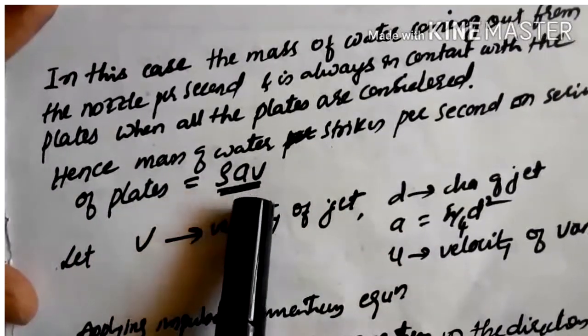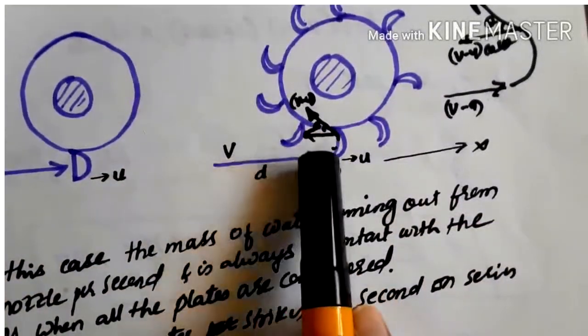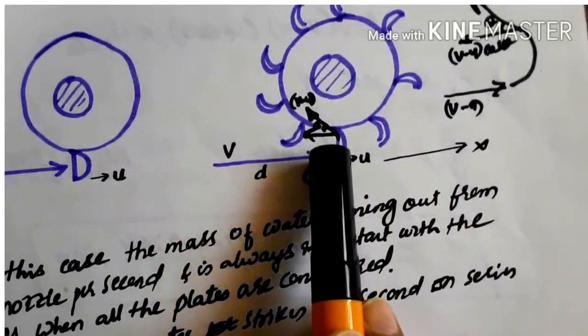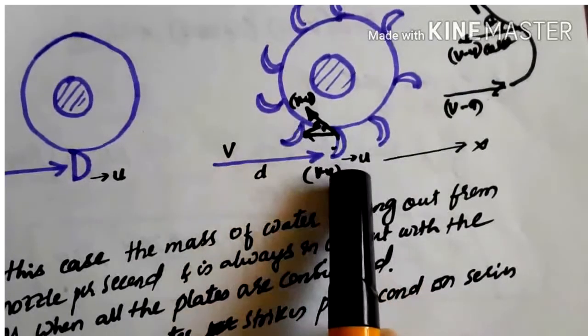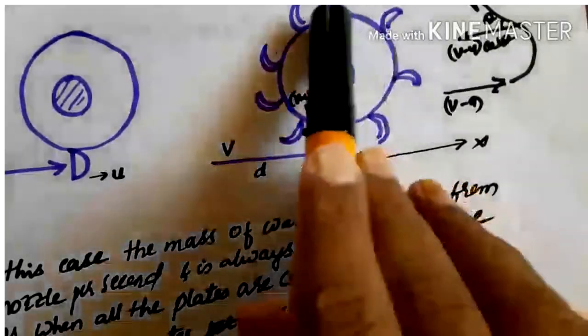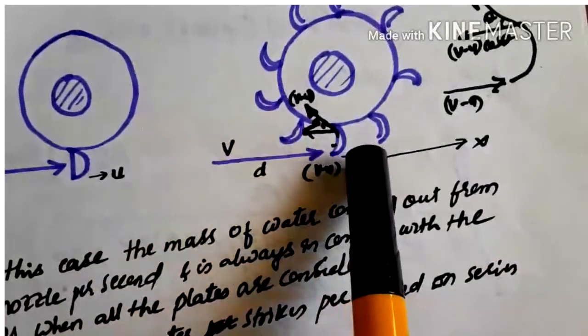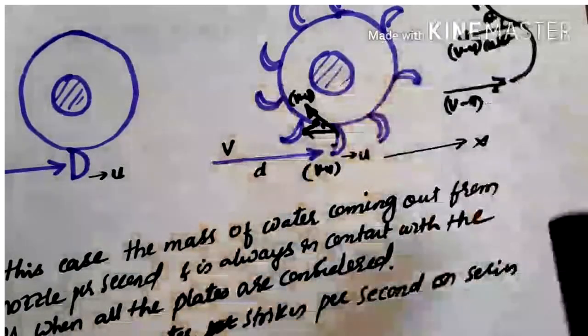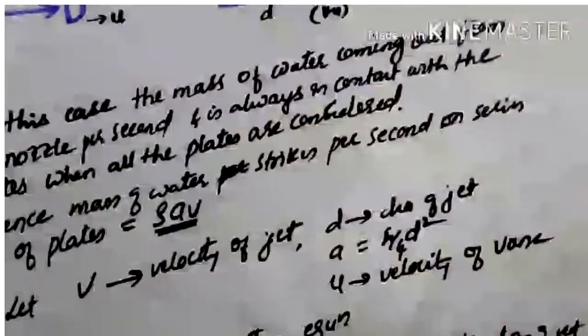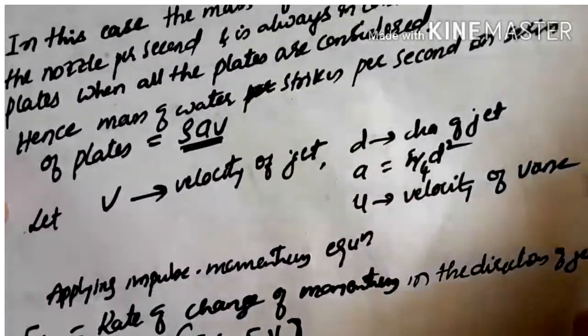Here the entire quantity of water is utilized, because when we consider all the vanes together, when the jet strikes, this vane moves forward, and again the next blade will come and stand before the jet. So this impeller will be in continuous rotation, hence the generation of power here. Please practice this derivation, this is very important.